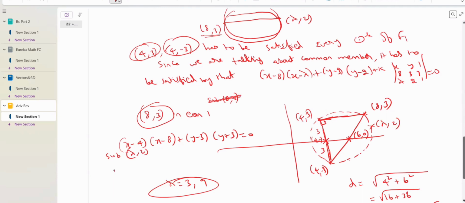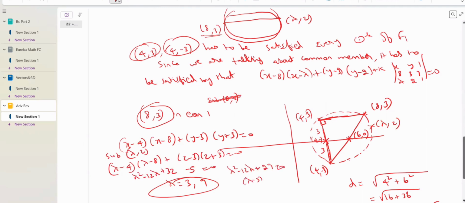So you'll be getting (lambda minus 4)(lambda minus 8) plus (2 minus 3)(2 plus 3) equal to 0. That gives me 5 into minus 1, minus 5. And here you'll have lambda square minus 12 lambda plus 32 minus 5, so lambda square minus 12 lambda plus 27 equal to 0. So (lambda minus 3)(lambda minus 9) equal to 0. That provides us two values for lambda: one is 3, the other one is 9.